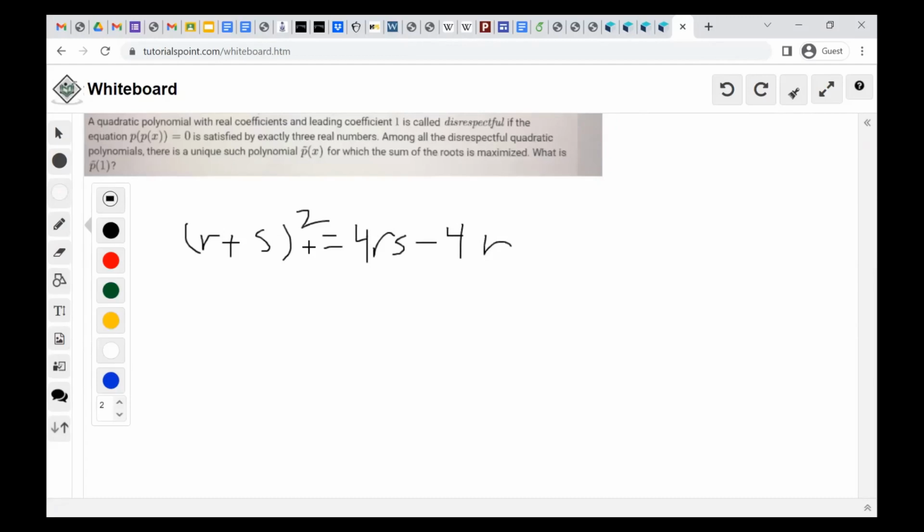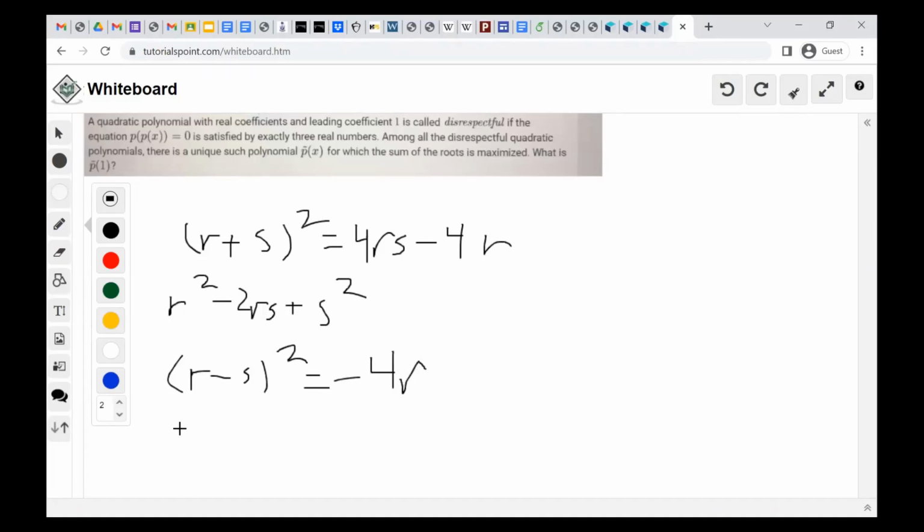So then if we subtract 4rs from both sides and we expand this, we get r squared. Then we have 2rs, but we subtracted 4rs. So now we have minus 2rs plus s squared. So this equals (r minus s) squared, which is equal to negative 4r, right?